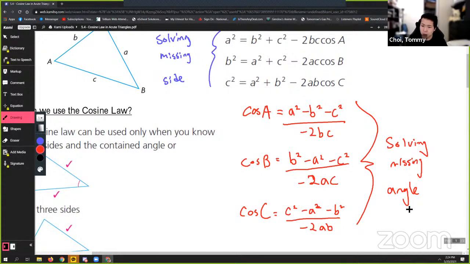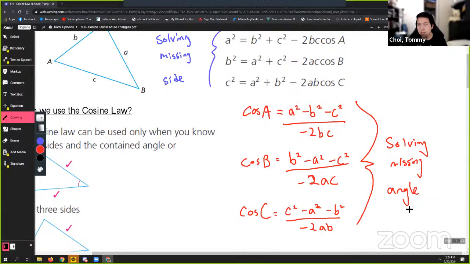I really didn't want to use cosine law because in comparison to SOHCAHTOA and sine law, cosine law, to put it simply, looks like a bitch. SOHCAHTOA seems so much easier. Sine law seems so much easier. The formulas are more straightforward. It's much easier to understand. But in comparison with cosine law, it looks more complicated and it's more complicated to remember, right?